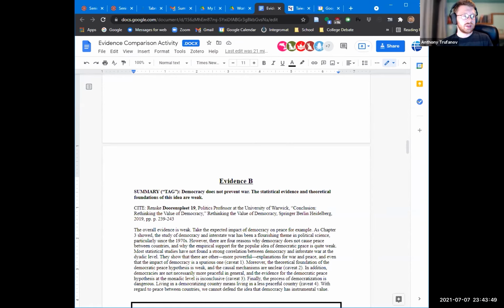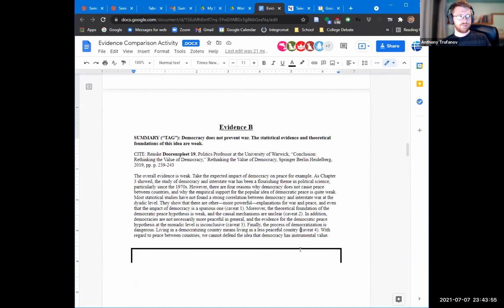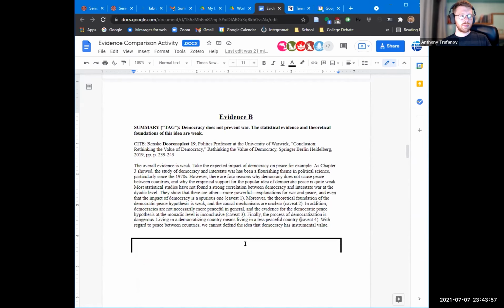Does this evidence have data within the actual evidence that is being quoted here? Is there any data? What do we think? No. Yeah, so there's no data in this actual paragraph.